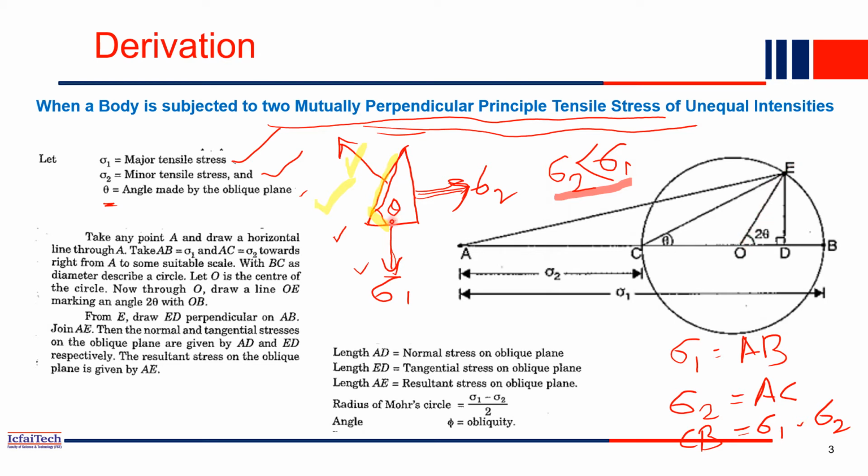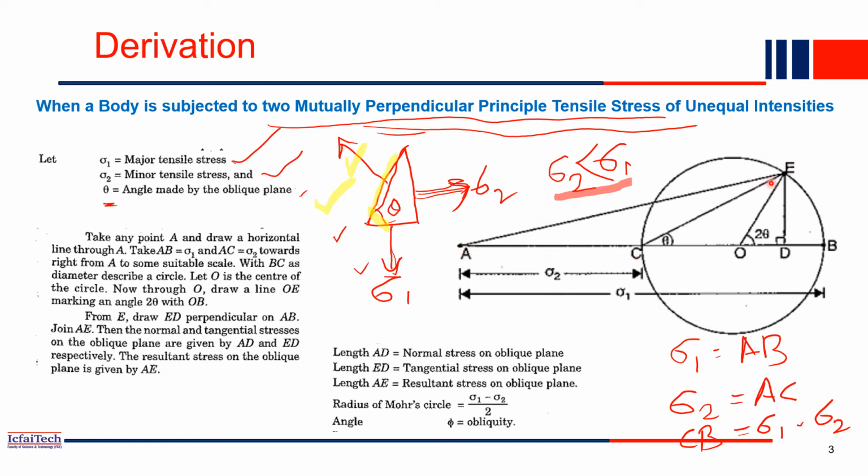Whatever angle is given, if in the problem the inclined plane angle is 30 degrees, then 2 theta will be 60 degrees. So you have to draw a 60-degree line from this point, and this line will intersect the circle at point E. So this point is E. Now draw the perpendicular to this line, so you will get point D. This is the perpendicular. Now connect E to C, and E to A.